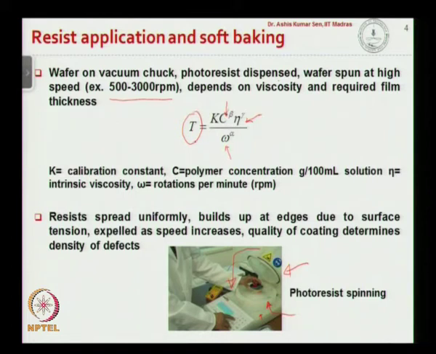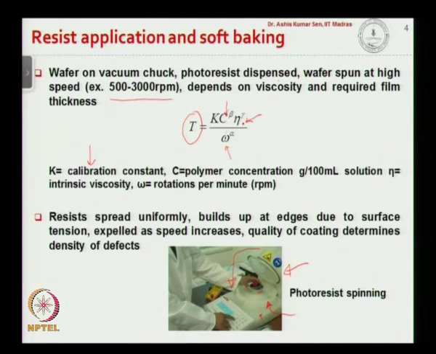So the higher the speed, we end up getting lower thickness; the higher the concentration of the photoresist, the higher the thickness; and the higher the viscosity, the higher the thickness. K is a calibration constant which can be determined from experiments. And alpha, beta, gamma are also the exponents of speed, concentration, and viscosity, which can be determined from experiments.